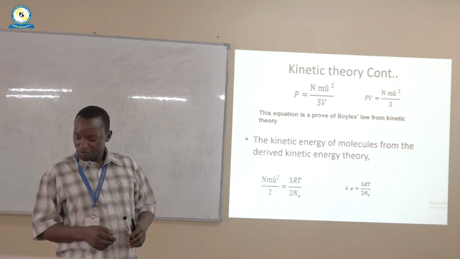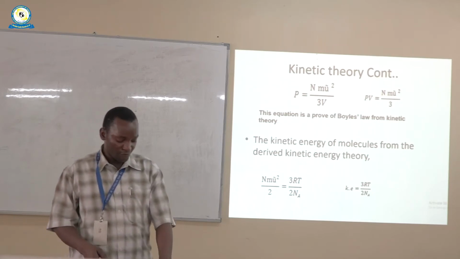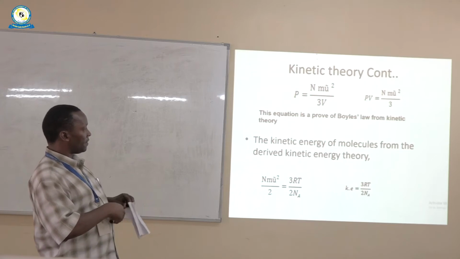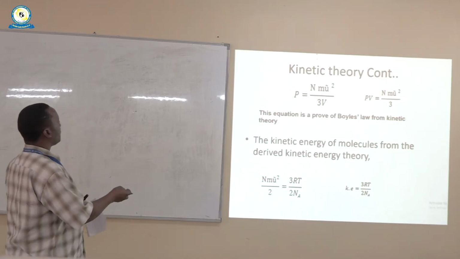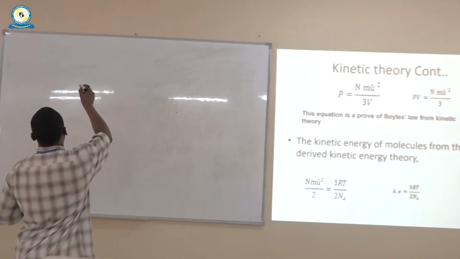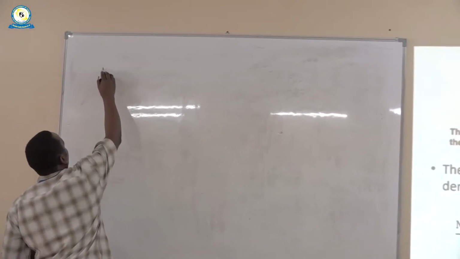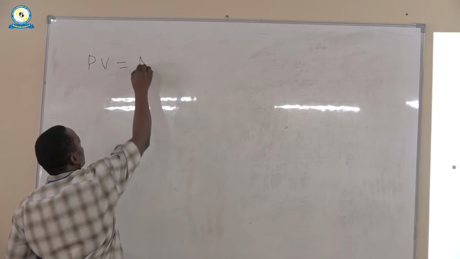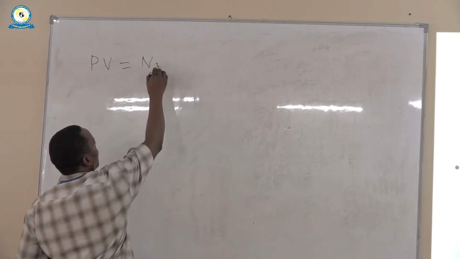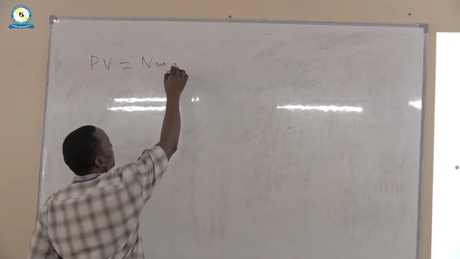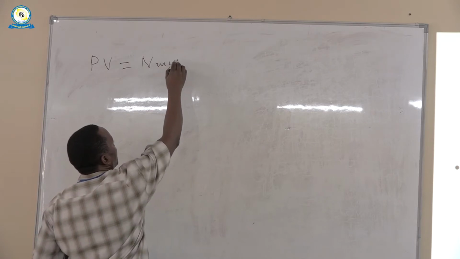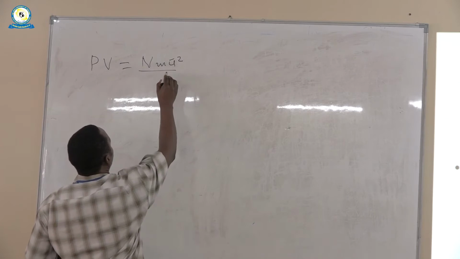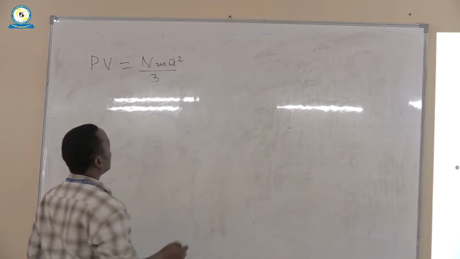We already have that PV, pressure times volume, is equal to number of molecules times mass of a molecule times the average velocity squared divided by 3.